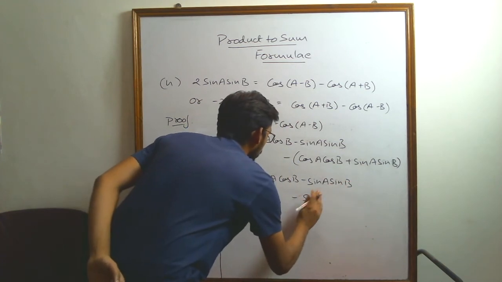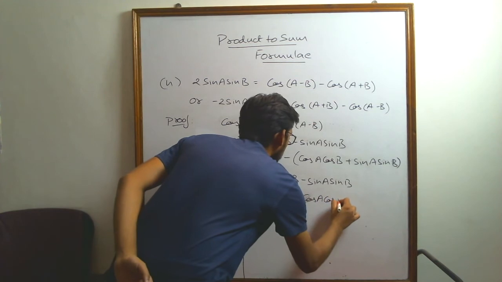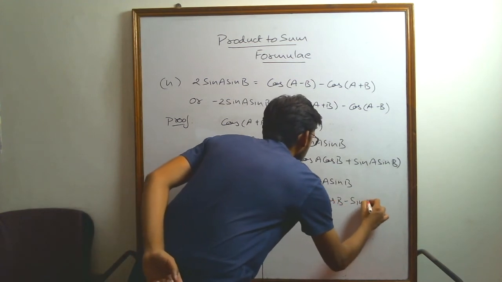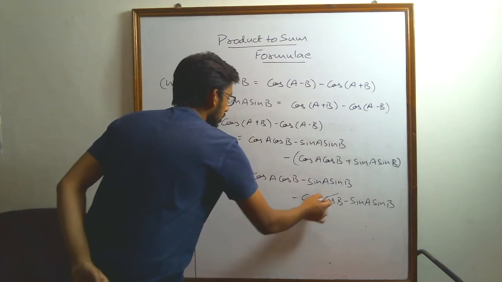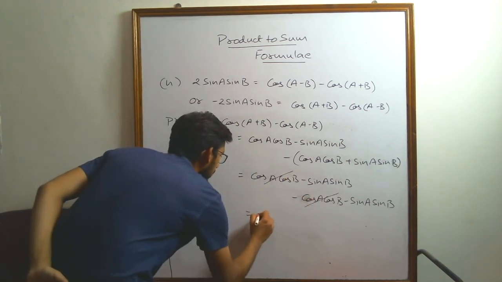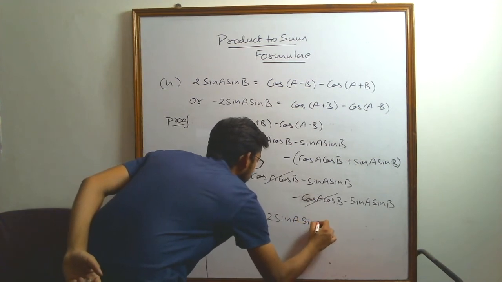This is minus cos A cos B minus sine A sine B. Cos A cos B minus cos A cos B gets cancelled, so this is equal to minus 2 sine A sine B.